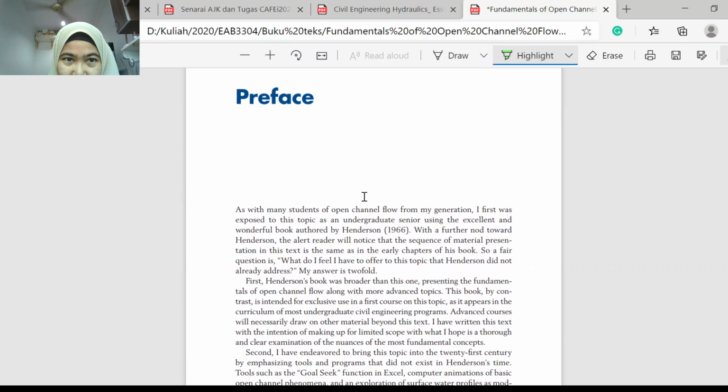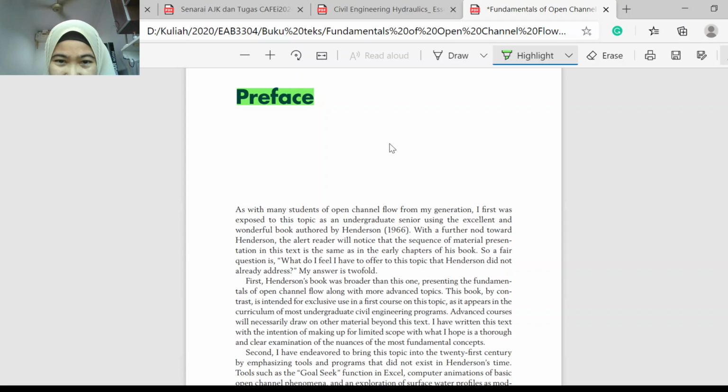Okay, you can also see a preface here. I always like to read the preface before I read any books, even storybooks or textbooks, because we can know the intention of the author when he wrote this book. What was his intention? By knowing his intention, actually we can also understand and feel more enjoyment.